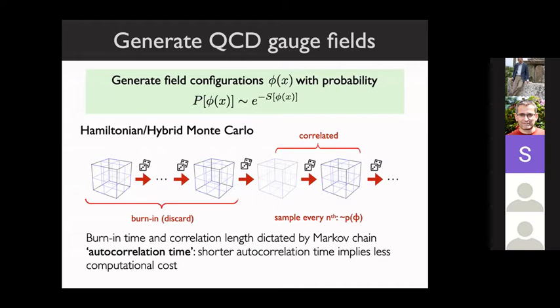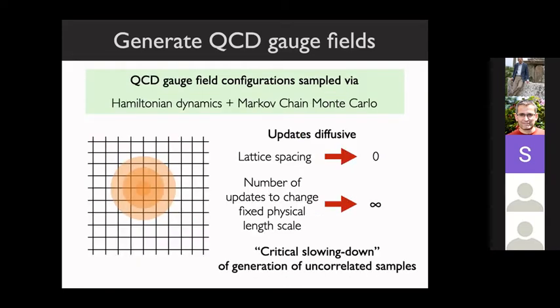And this is where one of the great challenges for this conventional approach comes from, is that the updates are close to local or they're diffusive. So if you want to update configurations on the relevant physical length scale, like the size of a proton or the size of a nucleus, then as the lattice spacing becomes fine, the number of updates you need to change physics on that fixed physical length scale diverges.